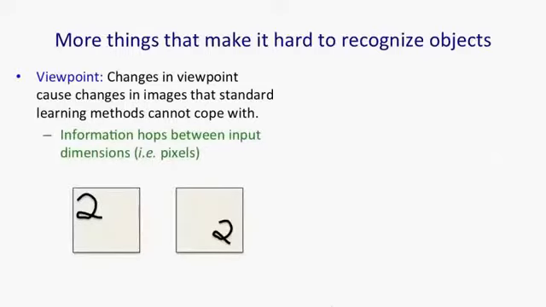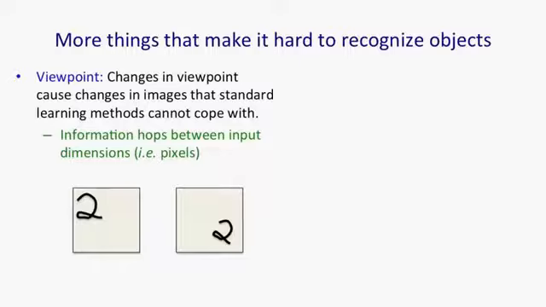The problem is that information hops about between the input dimensions. So typically in vision the input dimensions correspond to pixels, and if an object moves in the world and you don't move your eyes to follow it, the information about the object will occur on different pixels. That's not the kind of thing we normally have to deal with in machine learning.